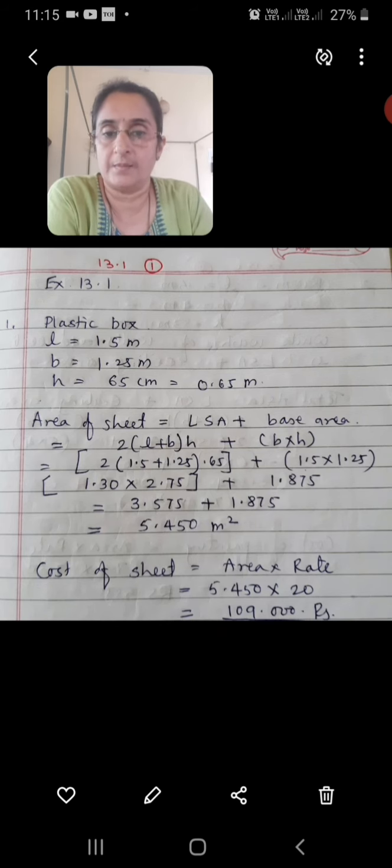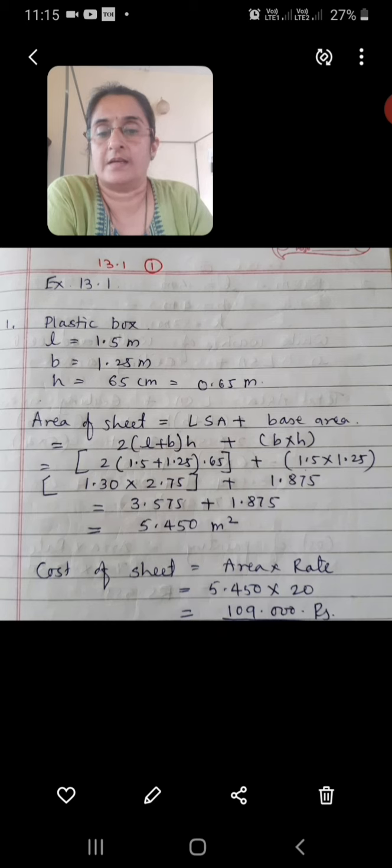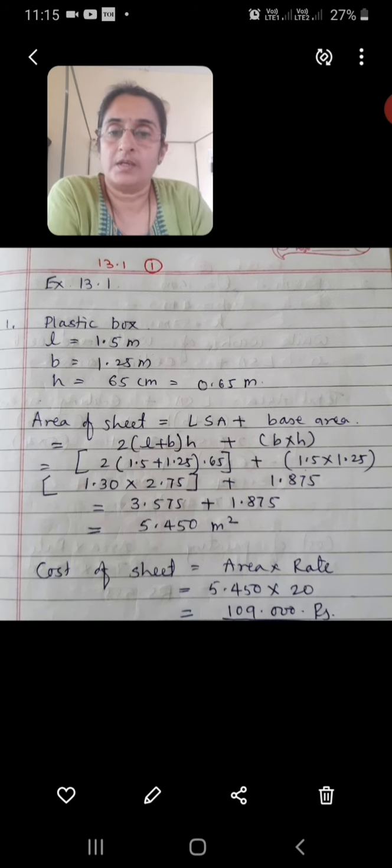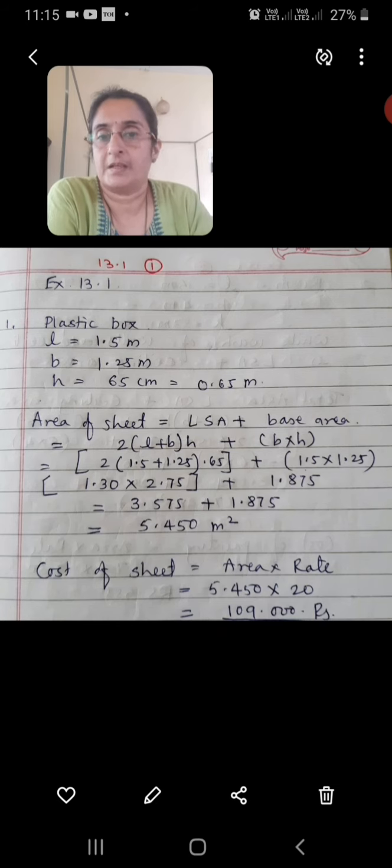Because it was given in centimeters, I converted it into meters, since all other dimensions are in meters. The units should be the same, so I have converted into meters. And the base area is length into breadth, 1.5 into 1.25. So 3.575 will be the lateral surface area and 1.875 will be the base area. Together it will be 5.450 meters square, the total plastic needed to make the box.